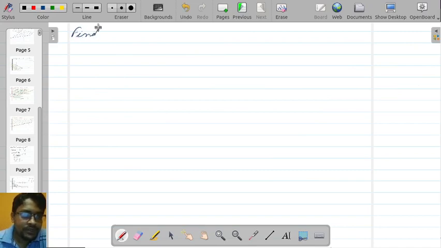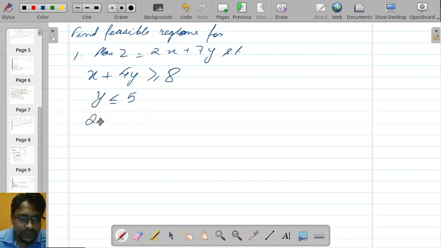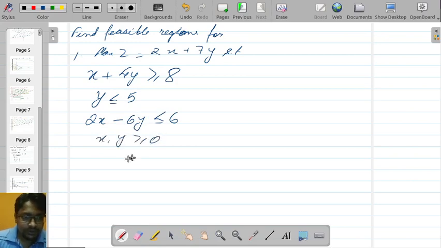Find feasible regions for, say, number 1: maximize z equal to 2x plus 7y, subject to x plus 4y greater than or equal to 8, y less than or equal to 5, and 2x minus 6y less than or equal to 6, x, y greater than or equal to 0. So try finding the feasible region of this.